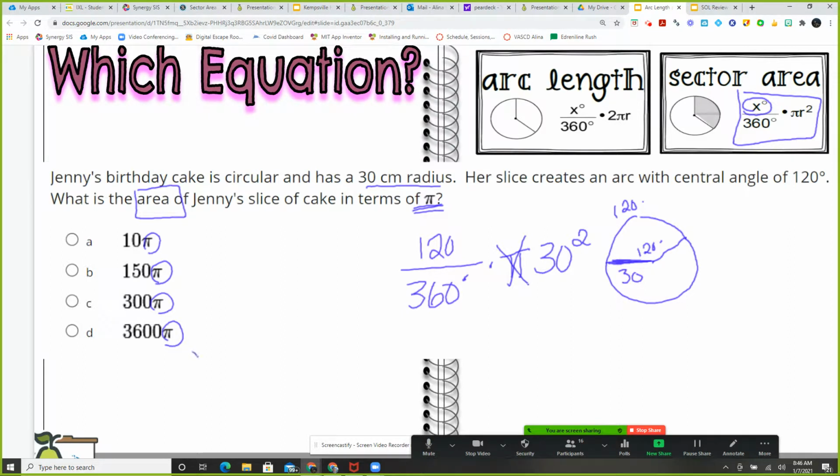If you have pi in your answer choices, don't use it in your calculator. So all I'm going to put in my calculator is 120 divided by 360 times 30 squared. Once you get that answer, whatever your number is, you can add pi to the end of it because it just kind of comes down.